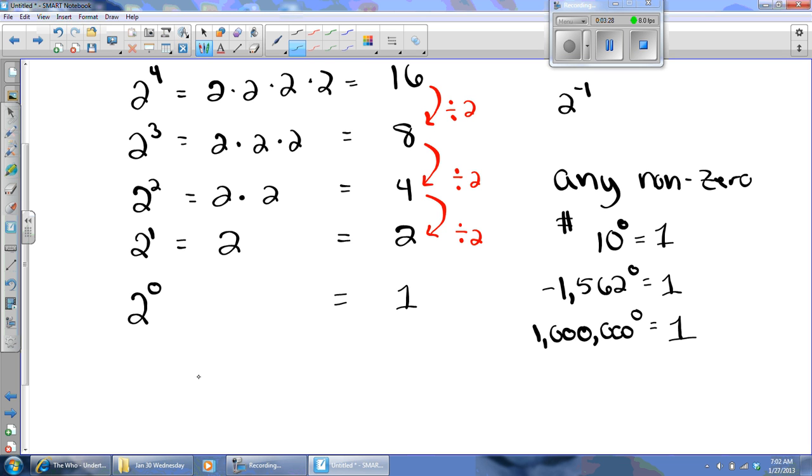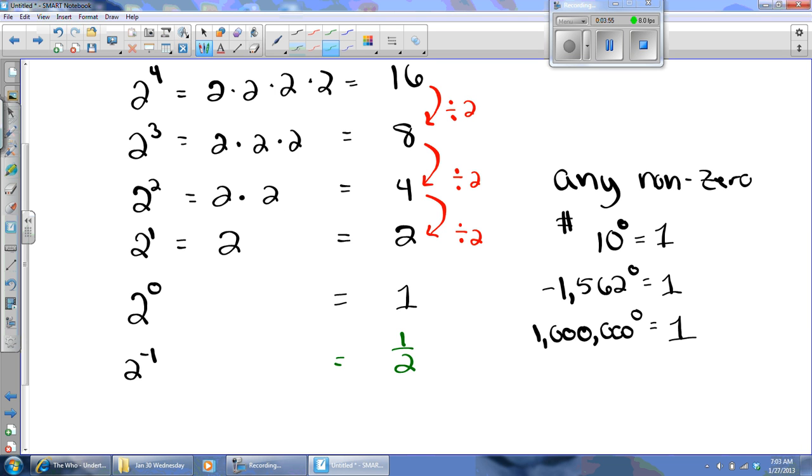Okay. Now, let's see if we can figure out what 2 to the negative first is. Well, again, I'm not going to do it with all these 2's, but I'm going to think about dividing by 2. And if I divide 1 by 2, I'm going to get 1/2, right?